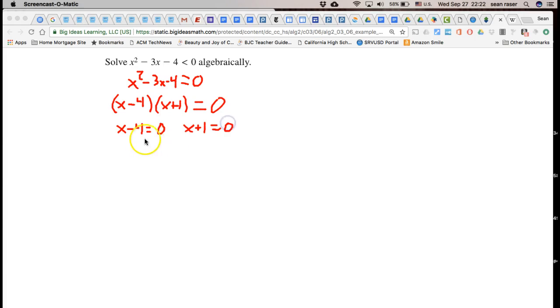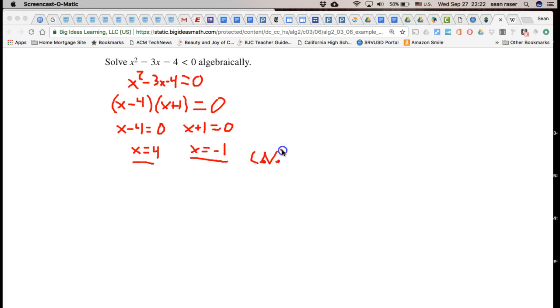If we add 4 to both sides, we get x equals 4. And here we subtract 1, we get x equals negative 1. So these are our critical values right here, or I'm going to call them CVs for short.